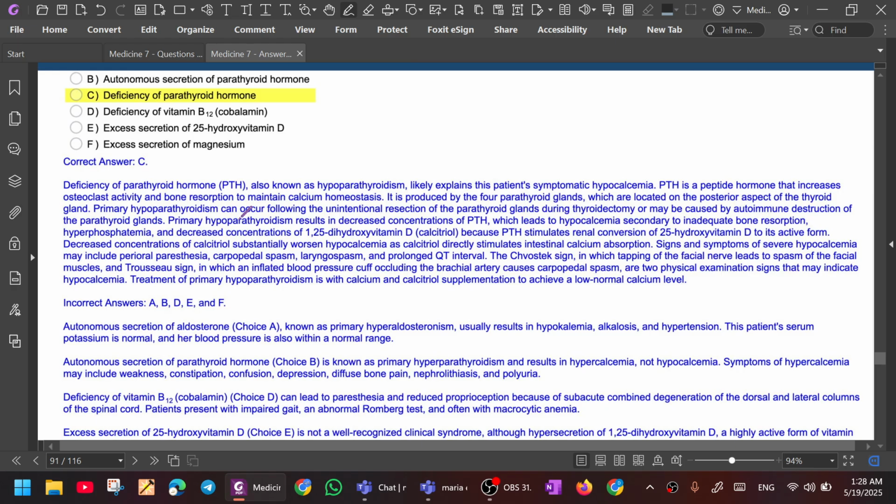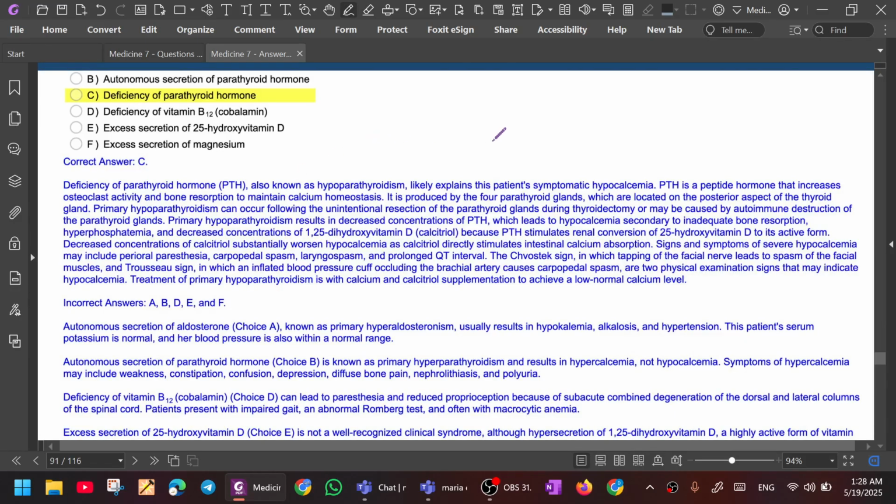PTH is a peptide hormone that increases osteoclast activity and bone resorption to maintain calcium homeostasis. It is produced by four parathyroid glands, which are located on the posterior aspect of the thyroid gland.